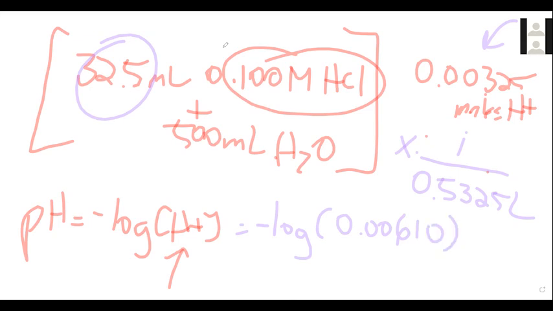So what is the log of 0.00610? 2.21. Is it 2.21 or minus 2.21? Just the log part.